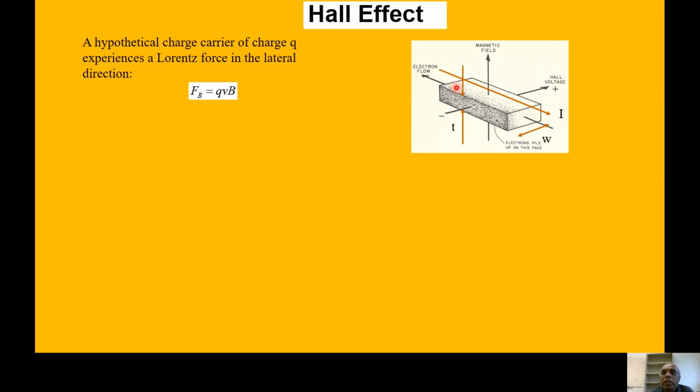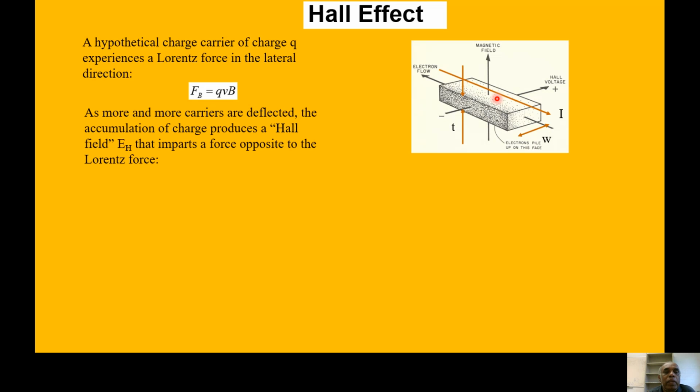Now, like I said, due to this force, electrons will start to accumulate on this surface because they will undergo this circular motion. But the Hall field will oppose that accumulation. Suppose that Hall field is E_H. Then if you know that electric field, we know what the force is, right?